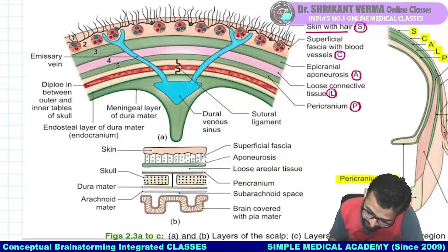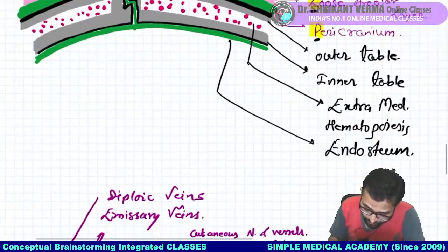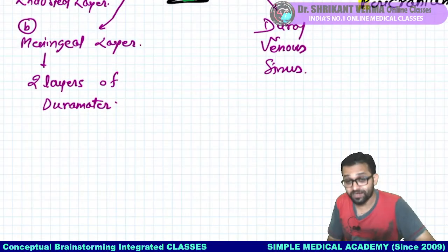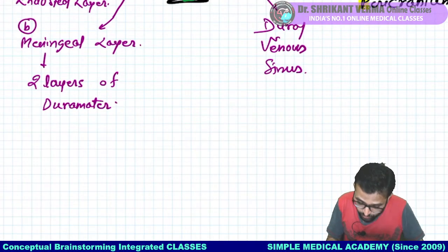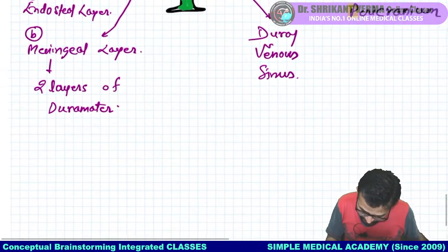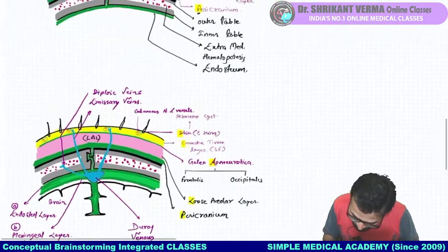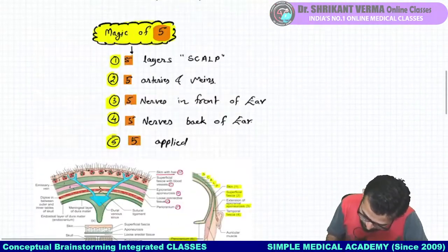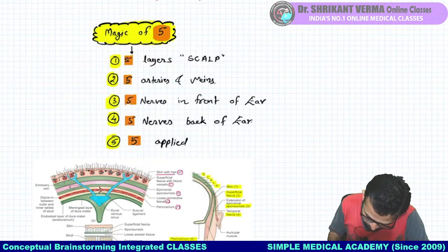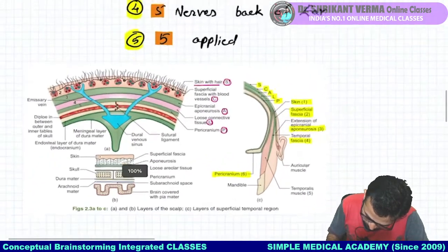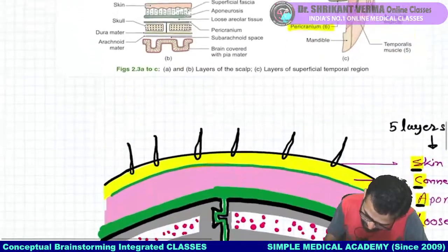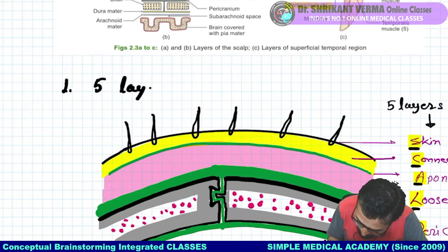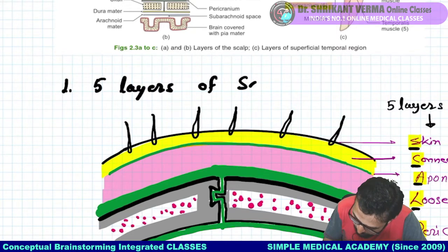Fine. So after all this, we are going to look for the 5 arteries of the scalp. Okay, so now we are going to look for our 5 arteries of the scalp. Magic of 5, we observed the 5 layers. Yes sir, this was our first title, 5 layers of what?